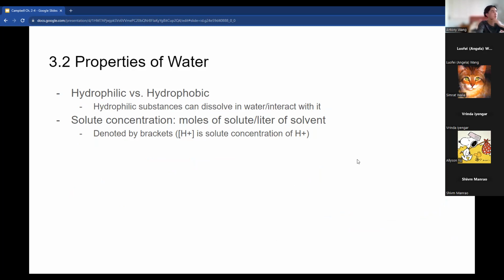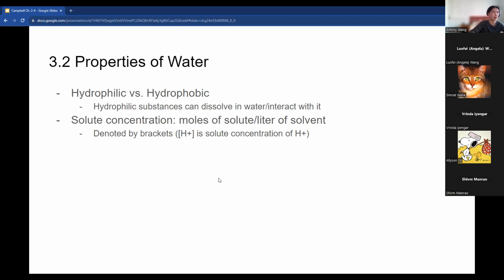Now we get to hydrophilicity versus hydrophobicity. A substance that is nonpolar, which means it has no charges, will not dissolve in water. It is hydrophobic because the water molecules will form hydrogen bonds with each other and not interact with that hydrophobic substance, simply because it doesn't have any charges for it to attach to.